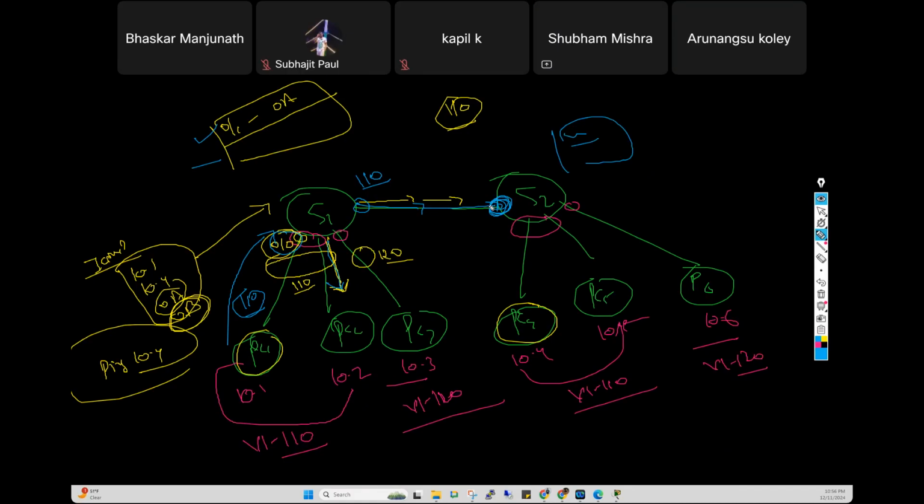For example, here you also configured 110. The switch will check that I am receiving this packet on this interface and this is also part of VLAN 110. It means I need to forward this packet through all the interfaces which are part of 110. So switch number 2 forwards this packet here and here.